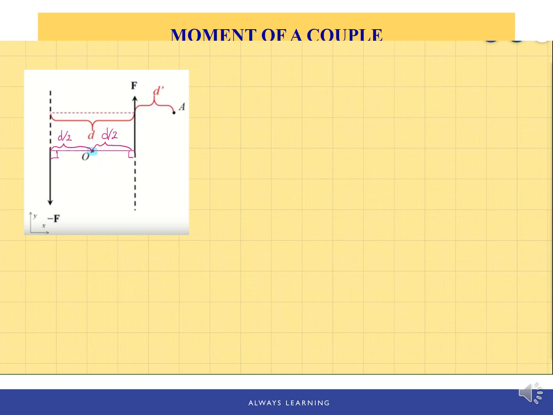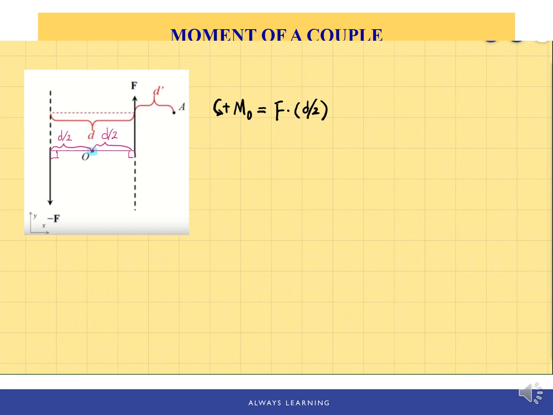And now the couple moment about point O. Since this is a 2D moment problem, we are going to use the scalar approach. Moment about point O equals, for the force F, it will cause a counterclockwise rotation. Magnitude is F, and the moment arm is d over 2.